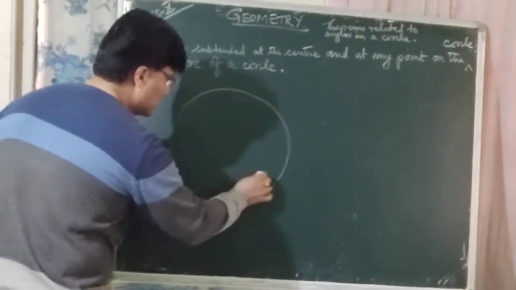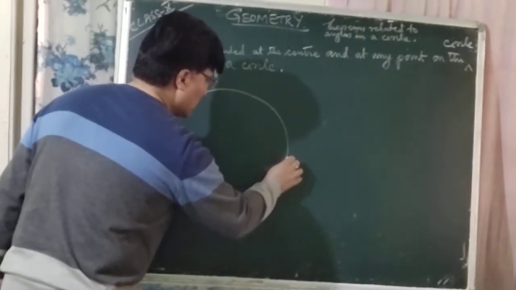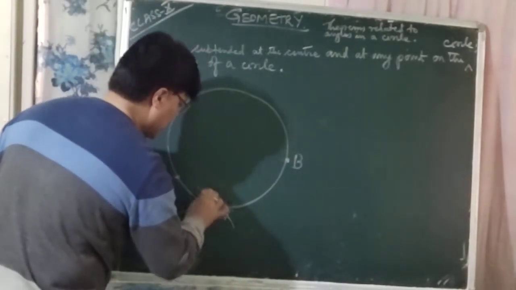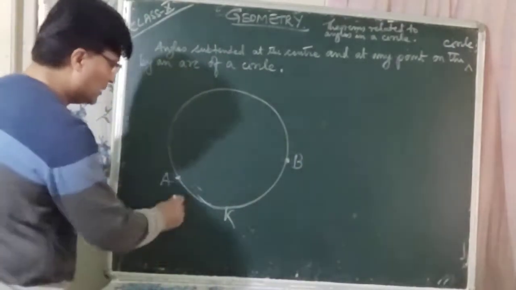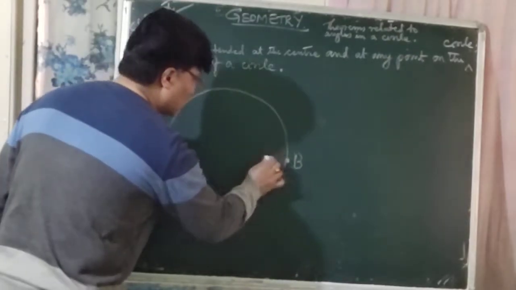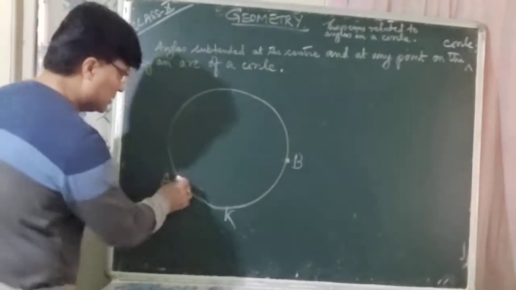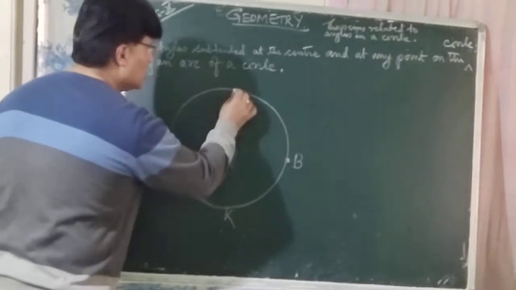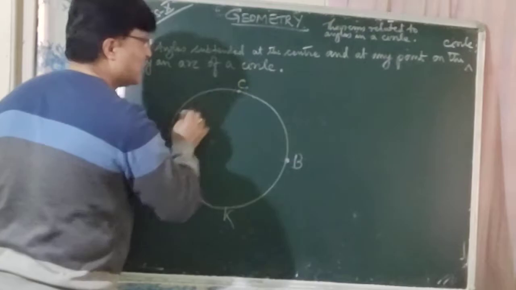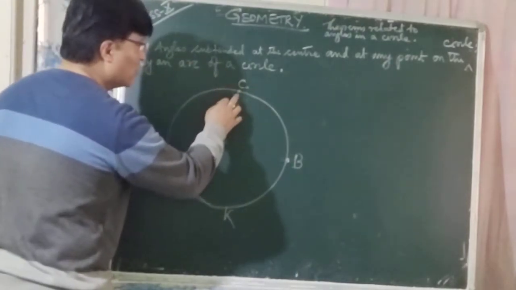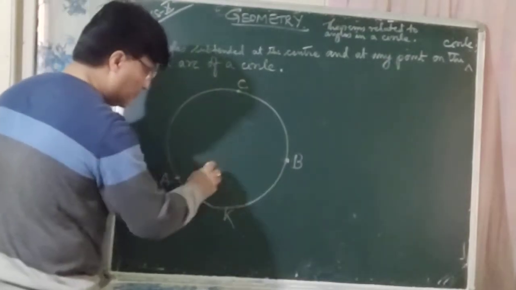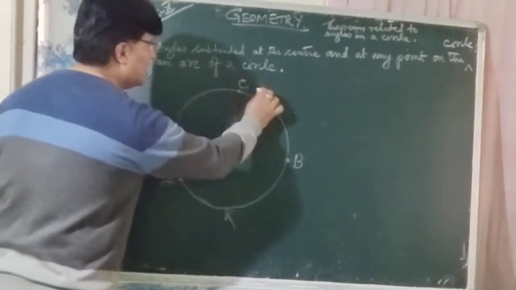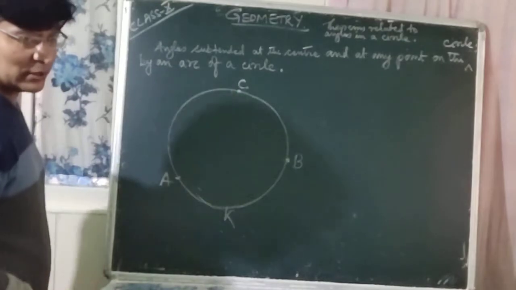So now let us take these 2 points AB, and AKB is an arc of a circle. This is one part of the circle. This is another part of the circle. Suppose you take any point C here. You take any point C on the remaining part of the circle. AKB is a part of the circle, and this ACB is the remaining part of the circle.